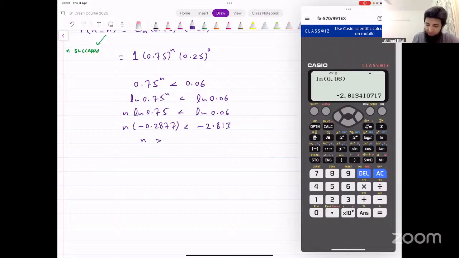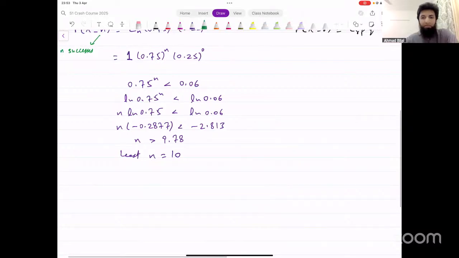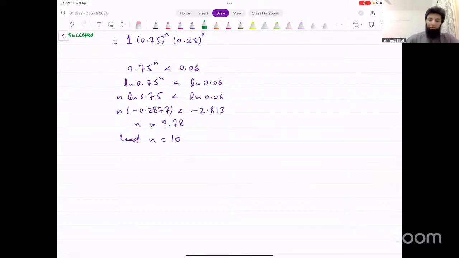And then when it divides on the other side, the inequality sign would reverse. And we get n greater than 9.78. And the least value of n that we were looking for turns out to be 10. So n has to be greater than 9.78. What's the least integer greater than 9.78? That is 10.